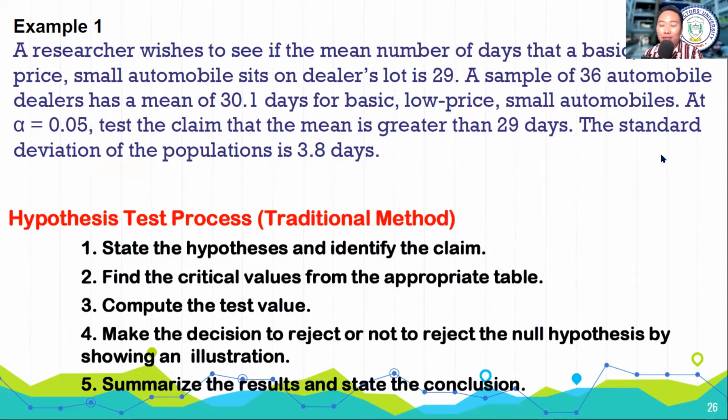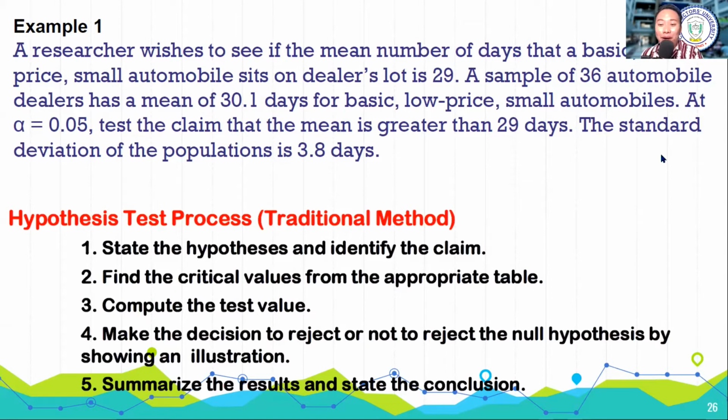Now, you might be confused, what are the 29 and the 30.1 days? Who would like to answer? Good point. Good job, Angela. The 30.1 days, guys, that is the sample mean. That is the mean coming from the sample of 36 automobile dealers.